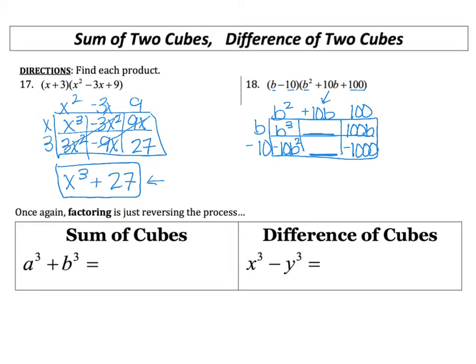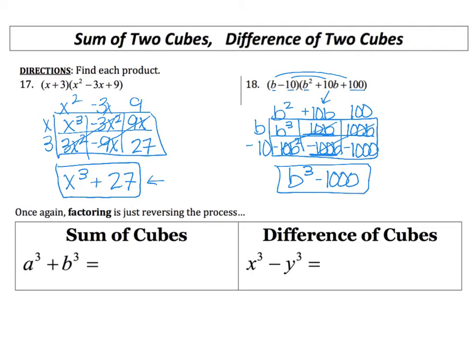Okay. If I need it to cancel out 100b, I need this to be negative 100b. So as we look at a pattern for this, if this was 10b and this was negative 100b, my diagonals canceled, and I just got b cubed minus 1,000.